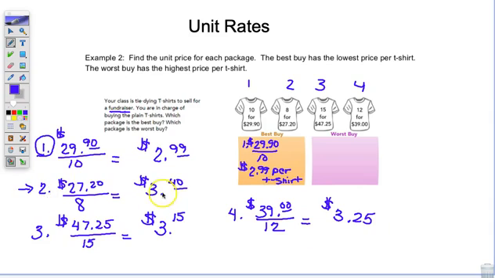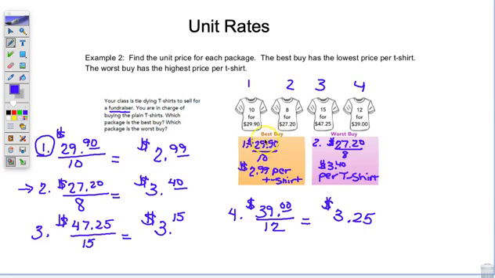So you can see that it's the most expensive per t-shirt at $3.40 as we compare the other three. So the worst buy, you're going to put in here number 2, and we're going to put in all of that information. That would be a cost of $27.20 divided by 8, which resulted in $3.40 per t-shirt.